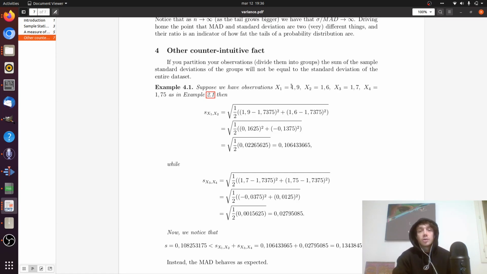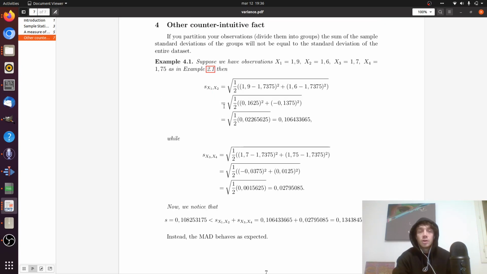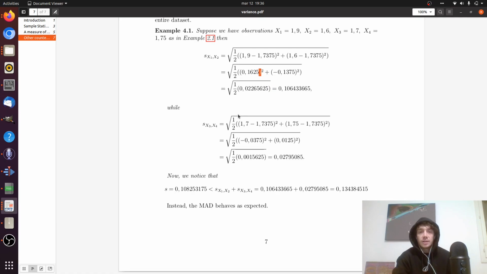So this was the data set we had before, and let's compute the sample standard deviation only on the first two observations. Then we would have this quantity here, while if we compute the sample standard deviation on the observations 3 and 4, then we would have this quantity here.